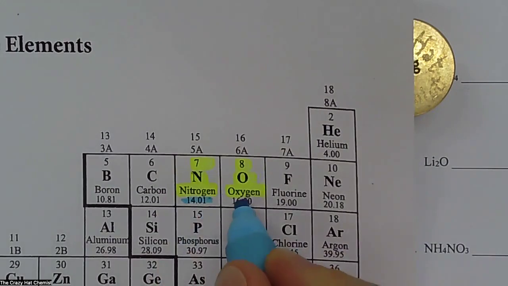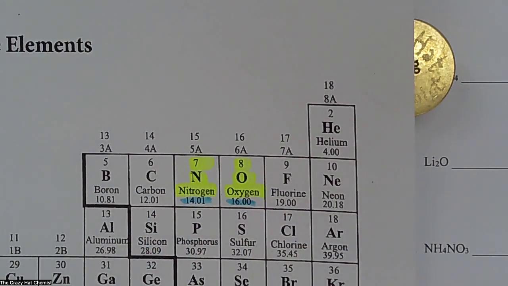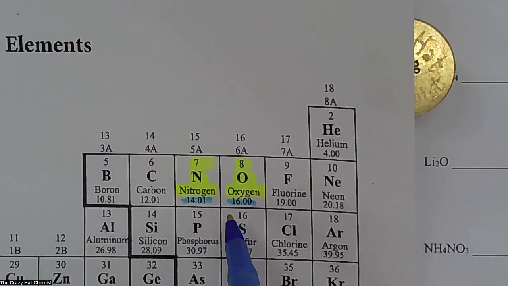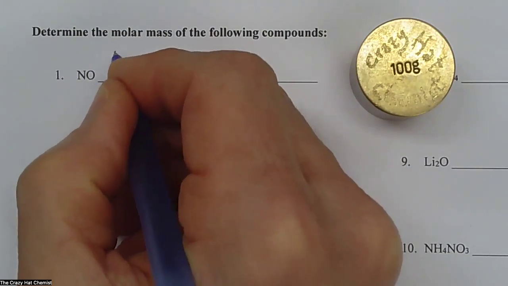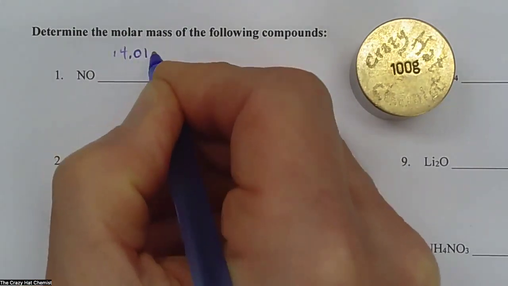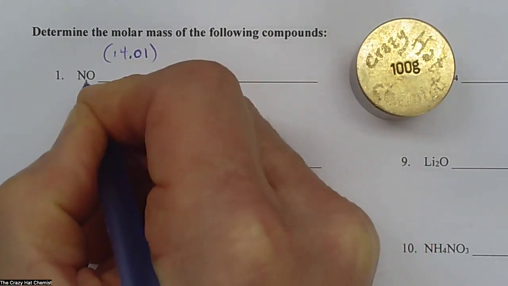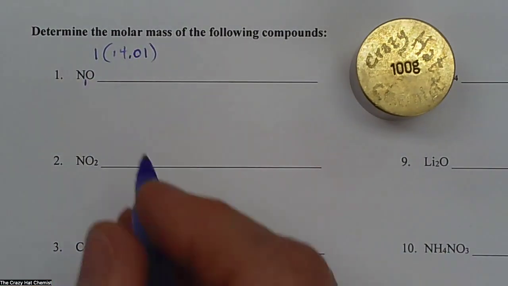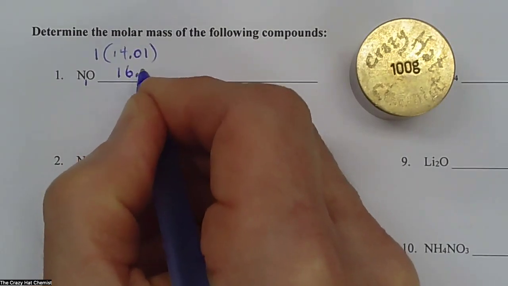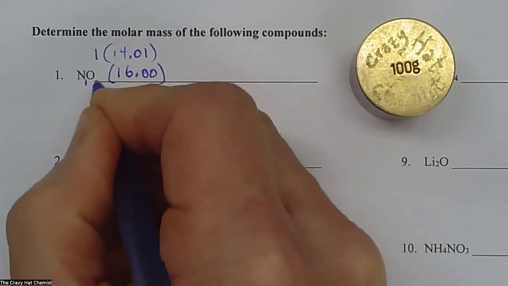We're going to be using these elements here, nitrogen and oxygen. I'm going to highlight in blue the molar mass of both. So the question is how many nitrogens and how many oxygens? The molar mass for nitrogen is 14.01. There is 1 nitrogen, so I'm going to multiply that by 1. Then for oxygen, the molar mass is 16.00. I'm going to multiply that by 1.